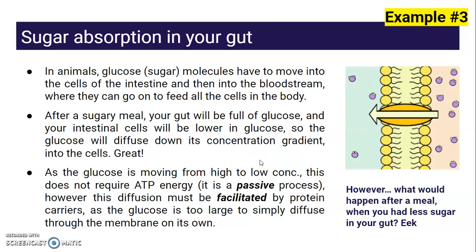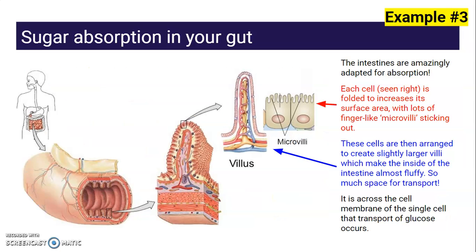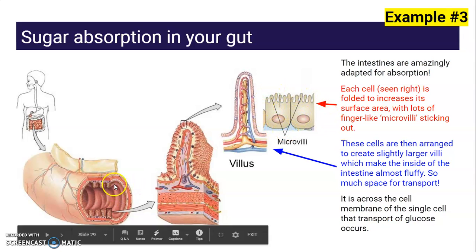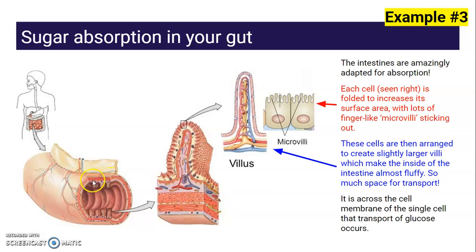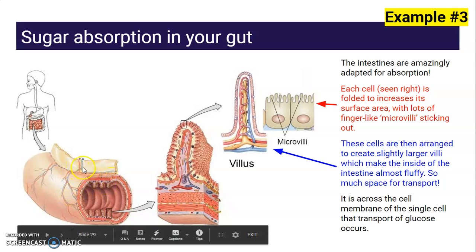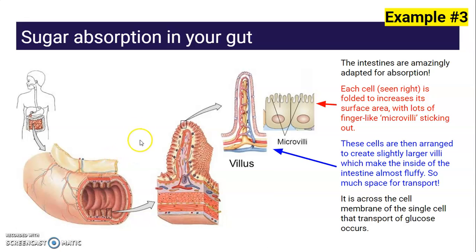Here we go. So basically, in any animal, sugar or any nutrient has to move into the cells of the intestine. On that previous slide, these cells were the epithelial or surface cells of the intestinal wall. Those cells have to suck up all the sugar, and they send that sugar through capillaries into the bloodstream, where it can be transported around the body to do everything it needs to do.